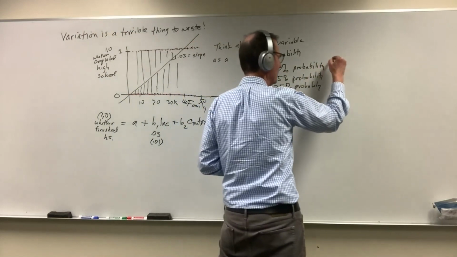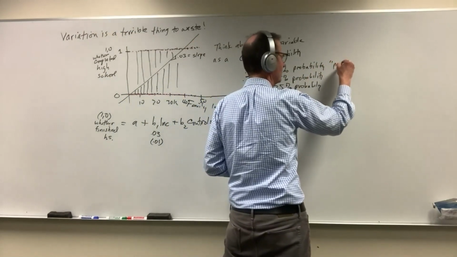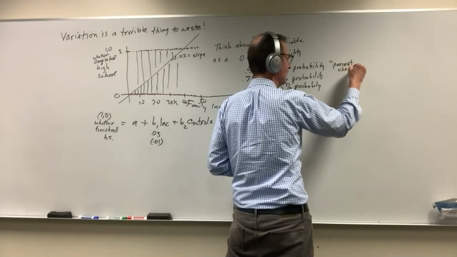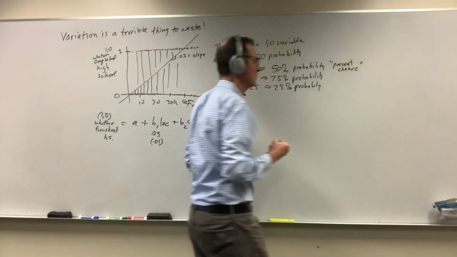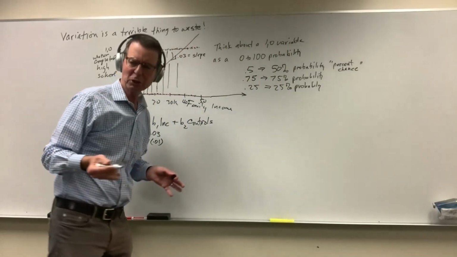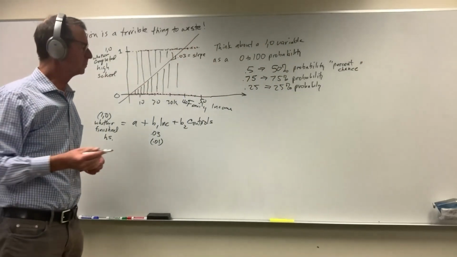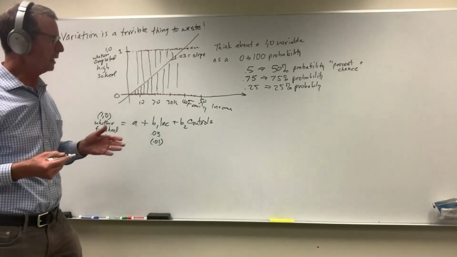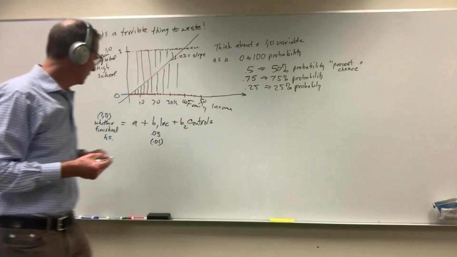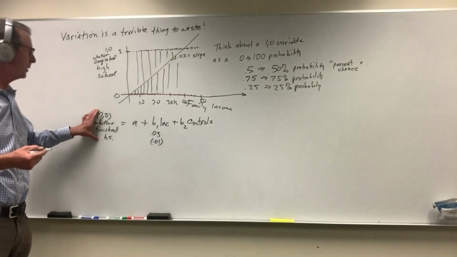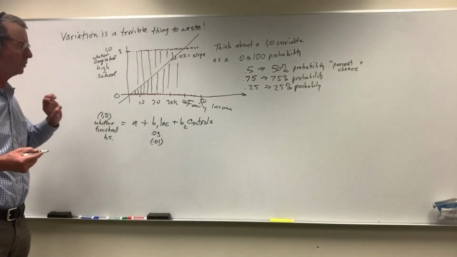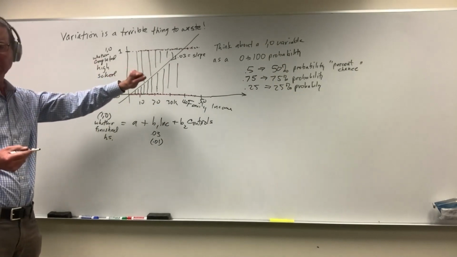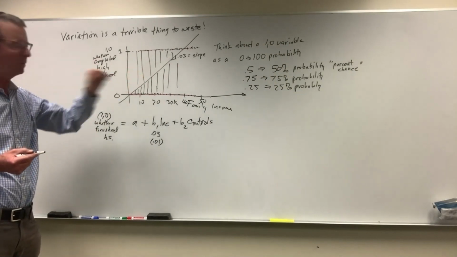Another way of thinking about probability is percent chance. And it's a very natural way to think about things. So you lose nothing and you gain a lot when you're thinking about a dependent variable to think about that 0-1 variable as a 0-100 probability. All right.